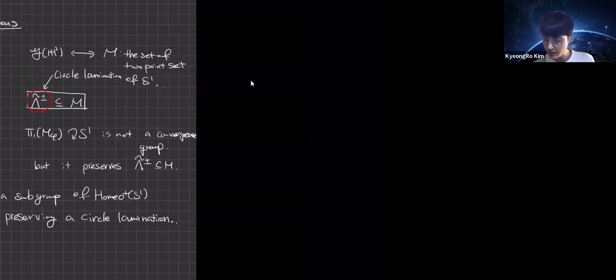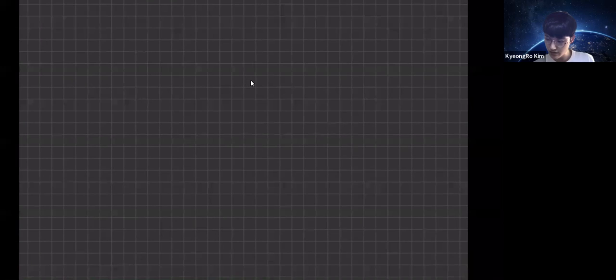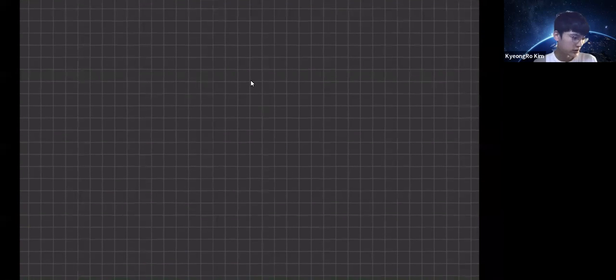Using this, finally, I'd like to introduce a recent result about laminar groups for the action of low-dimensional hyperbolic manifold groups.